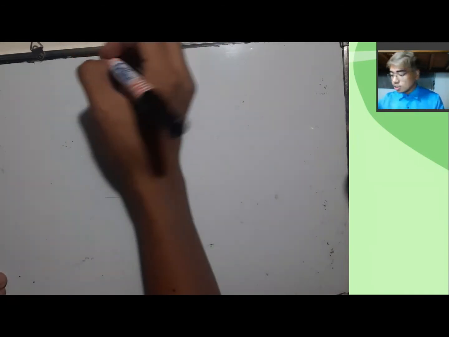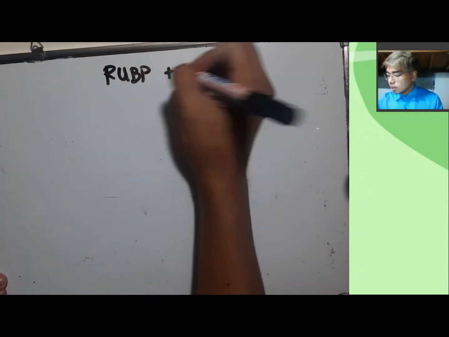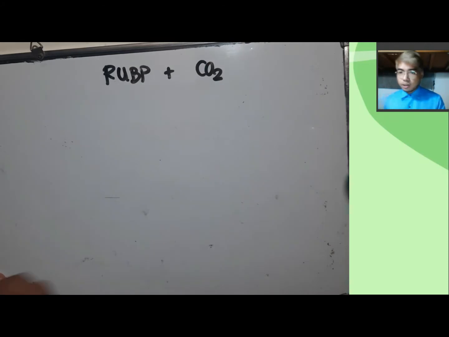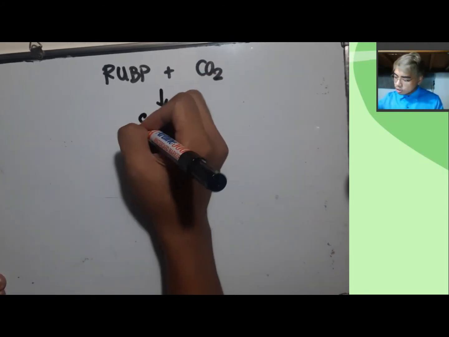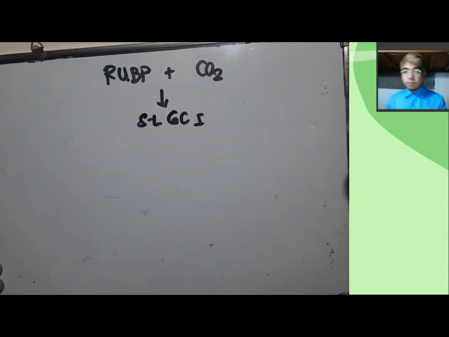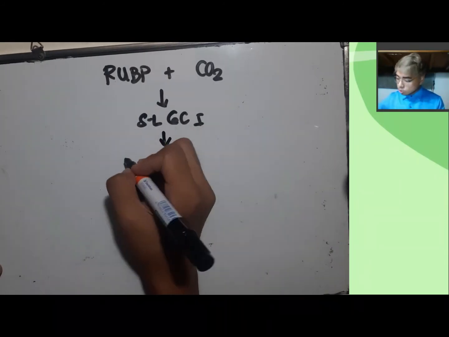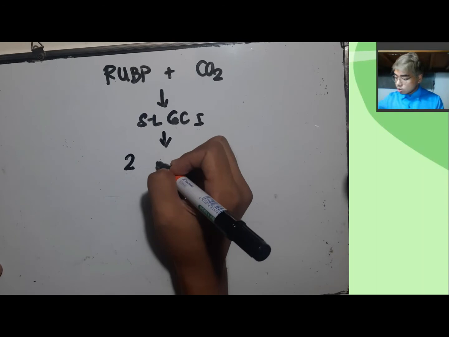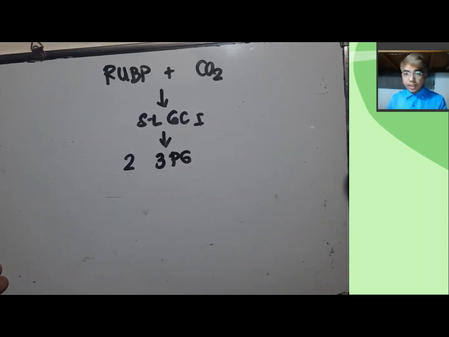Okay, so just a short recap once again. The very first phase is carbon fixation. We have RuBP plus carbon dioxide, which will create the short-lived 6-carbon intermediate. Then it will be split into 2 3-PG, or 3-phosphoglycerate.